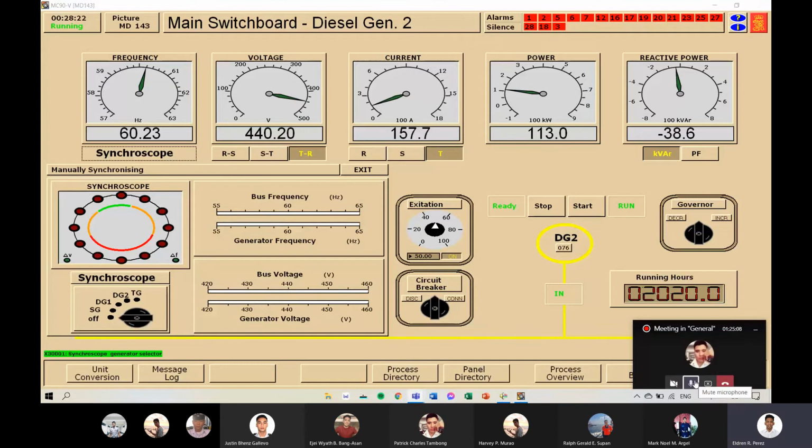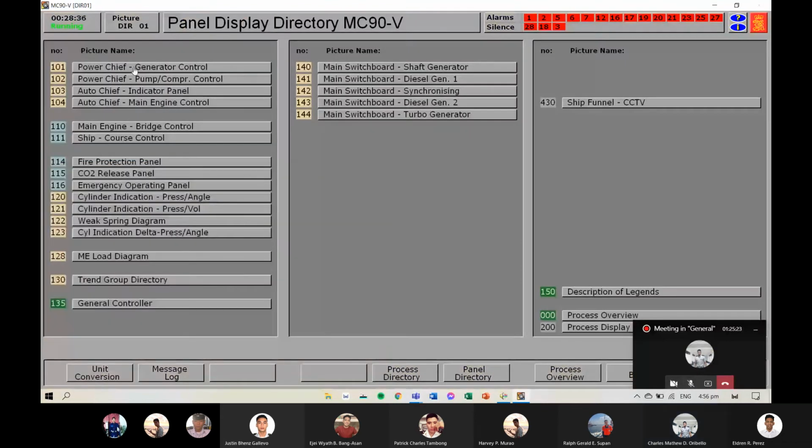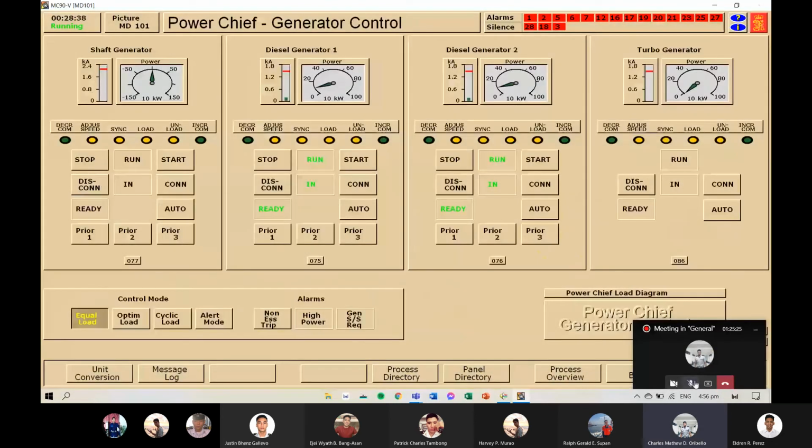After the synchronization, Midshipman Rebello will proceed to the other procedures. Chief Engineer Perez, sir, go to Directory 101, Power Ship Generator Control. Press Connect Auto, Prior 1 for Diesel Generator 1, and Prior 2 for Diesel Generator 2.